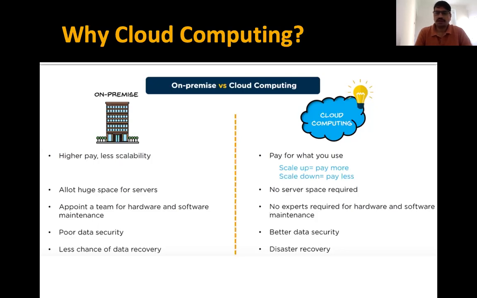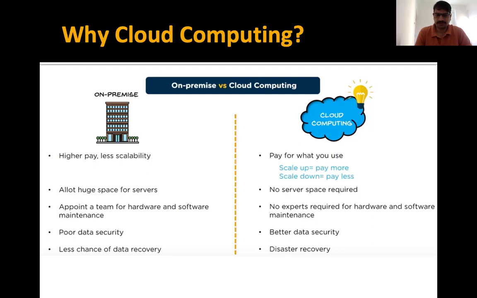There is less chance of data recovery when we have the server on premises. So if you take the example where we have, let's say, a firm in the Odisha region, right? If we have the server in the Odisha region, definitely there may be a power cut for, I think, 10, 12, 15 days, and also there may be a calamity.